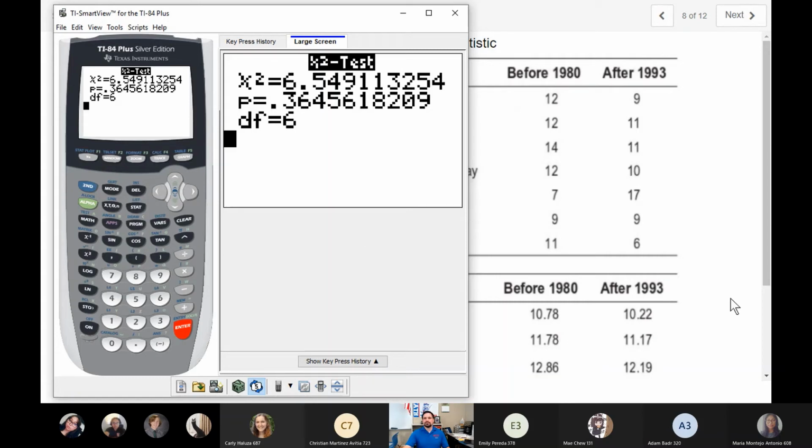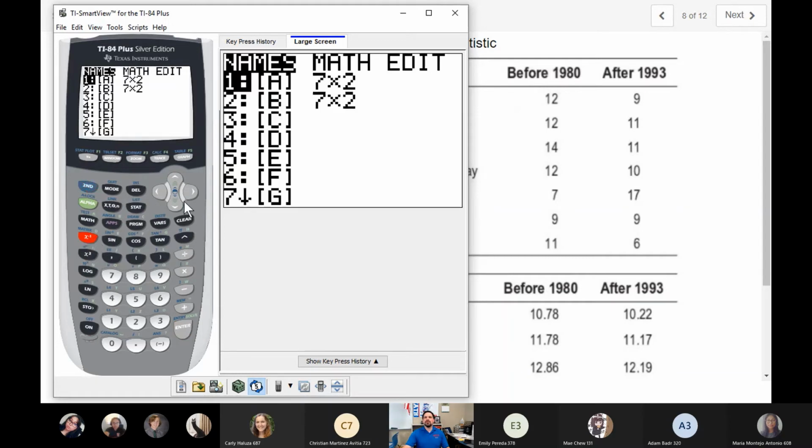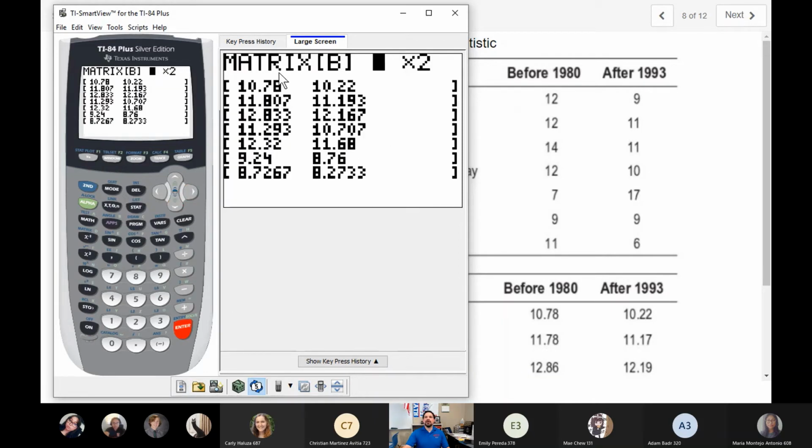All right. So there's that. I also want to show you that the calculator actually fixed the expected counts matrix based on the observed counts that we put in.